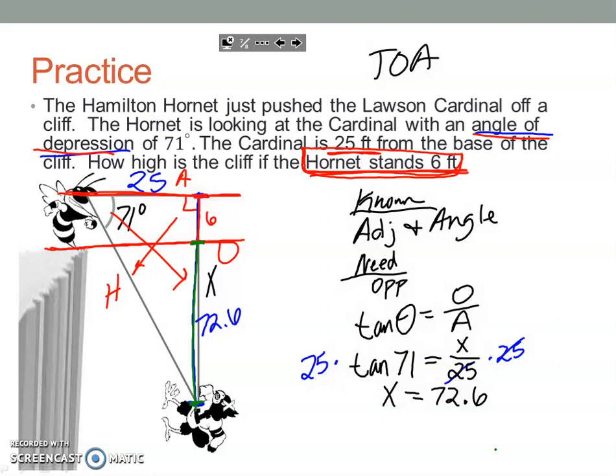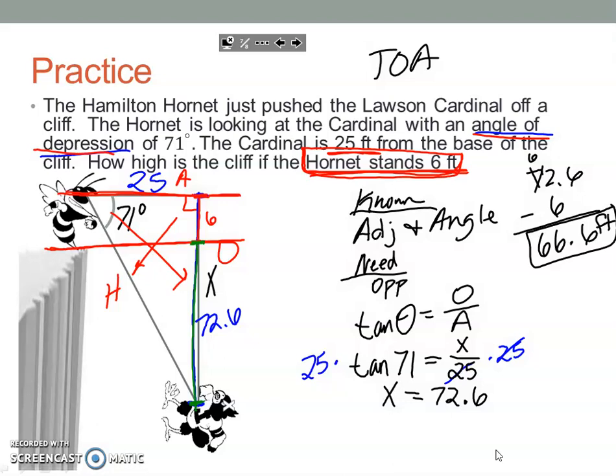So this whole thing here was 72.6, and we've got to take away 6 of it because that's how tall the Hornet was. So 72.6 minus 6 is going to give me 66.6 feet tall, rounded up to 67, which is what I did before.